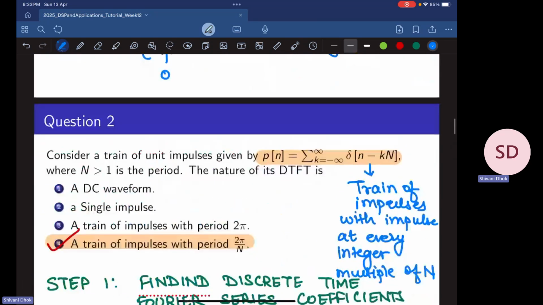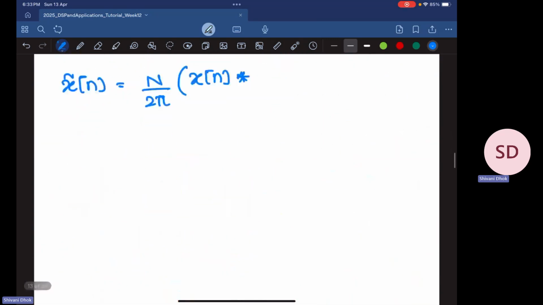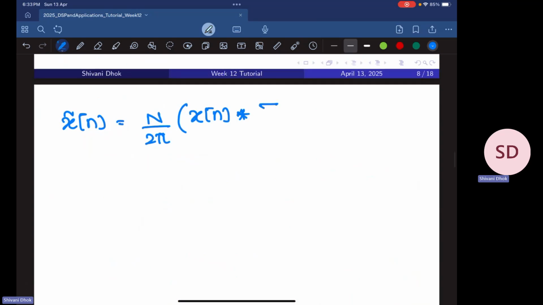P of n was summation k running from minus infinity to infinity delta of n minus kN. Now let me use the distributive property of convolution.